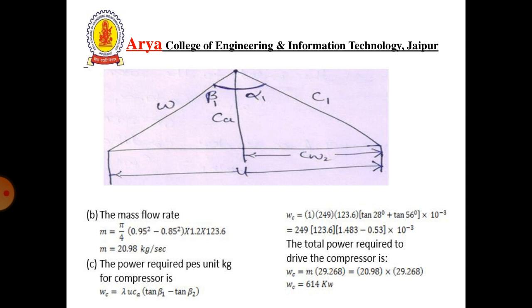By putting the values we can get the answer. The total power required to drive the compressor is m into 29.268, equal to 416 kilowatt.